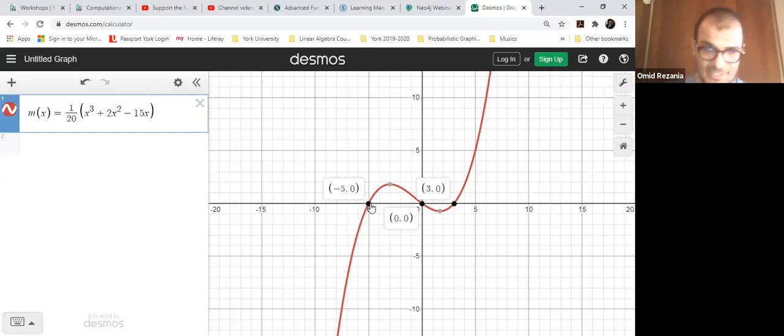You see that the function intersects with the x-axis. These are going to be our roots. Because we have a polynomial of degree 3, we expect to have a maximum of 3 roots, that is, intercepts with the x-axis.